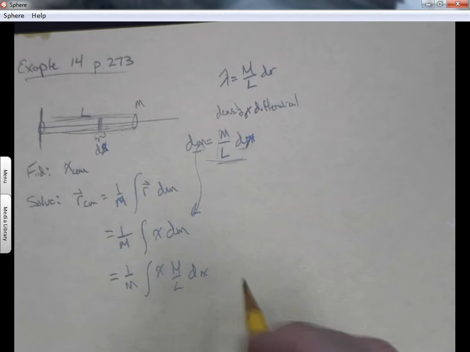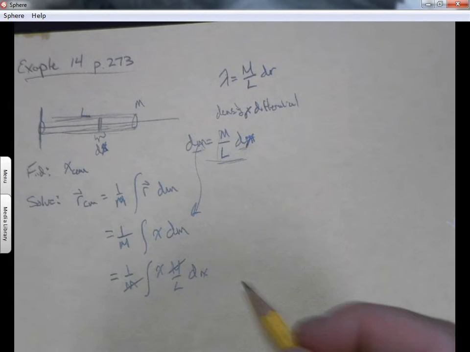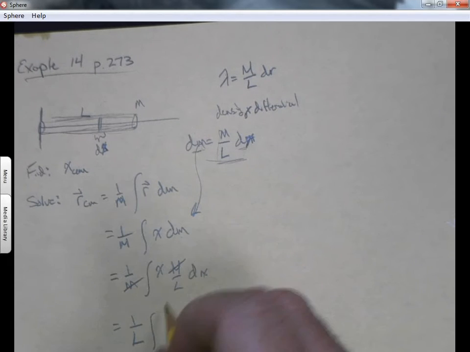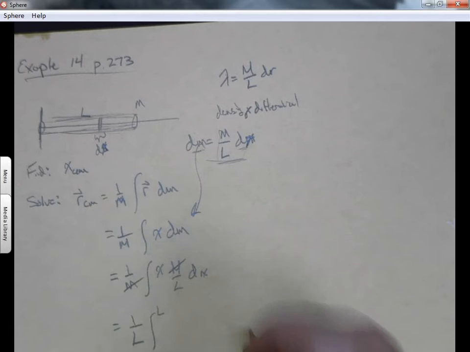Our M here is going to cancel with our M here. And we can move the L out front, so this is going to be 1 over our length, the integral from 0 to L, because that's how long the thing is, of x dx. Now we'll keep going with this.